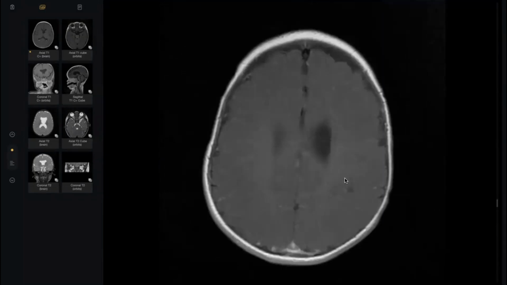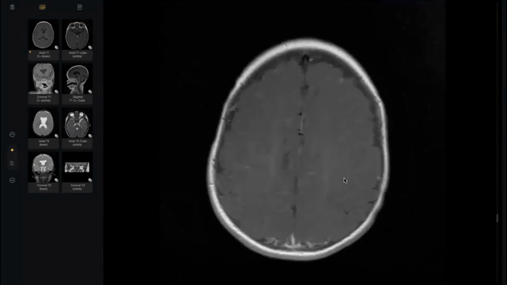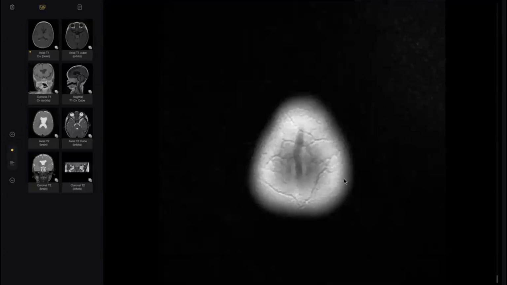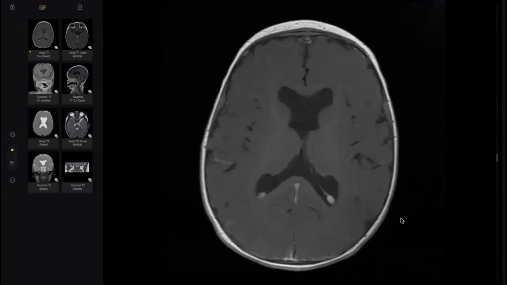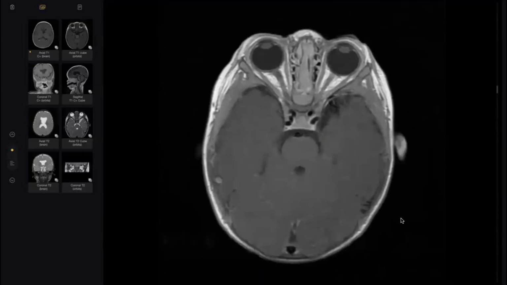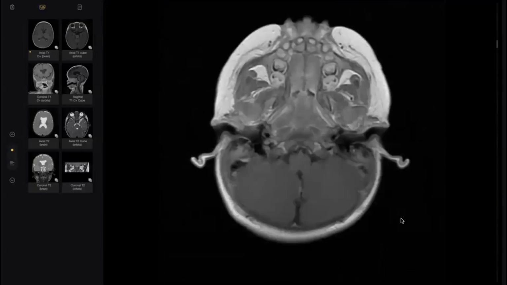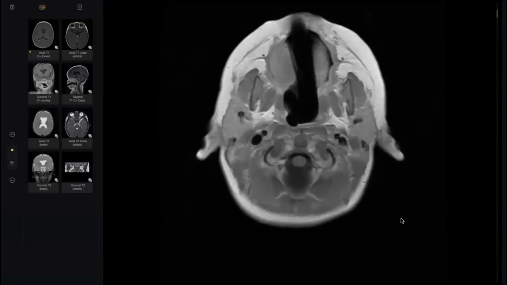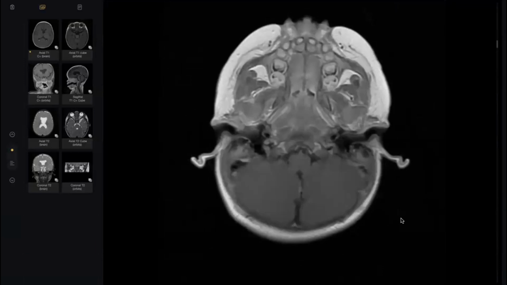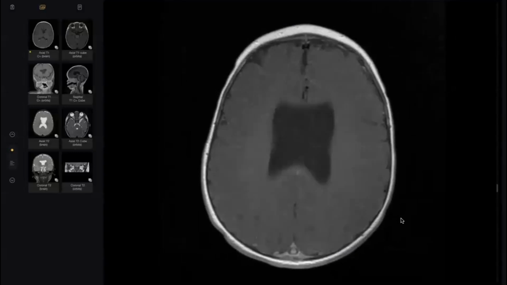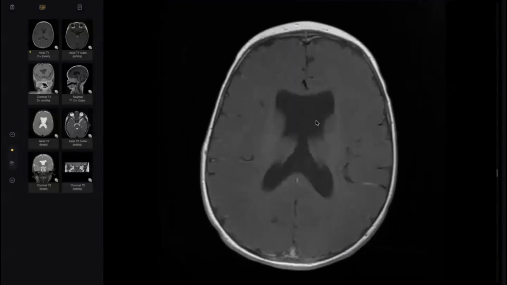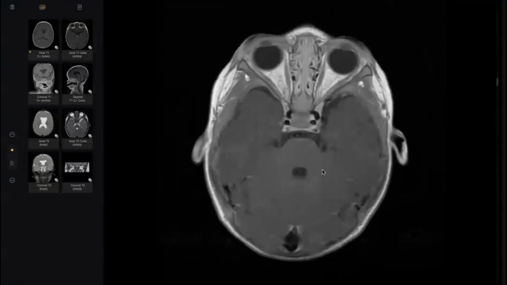I'm provided with MRI images, T1 post-contrast, in a patient who presented with strabismus. On these images, I think the ventricles have a slightly abnormal configuration, and I'm unable to see the septum pellucidum.